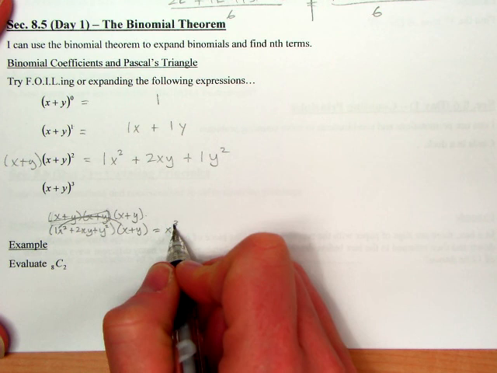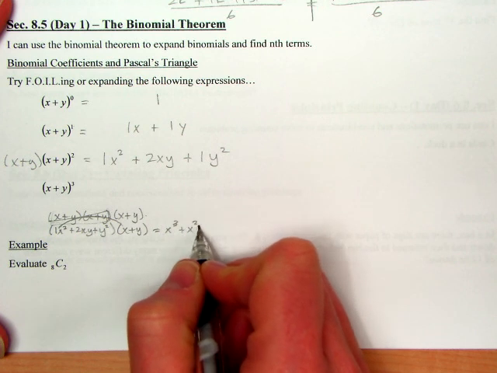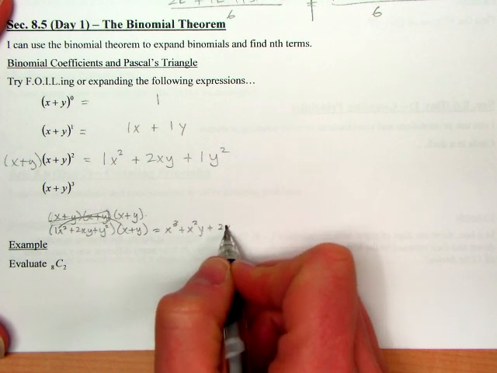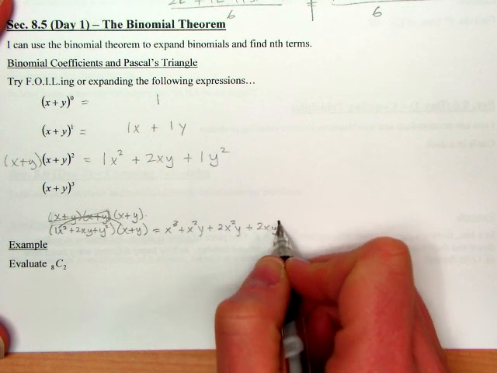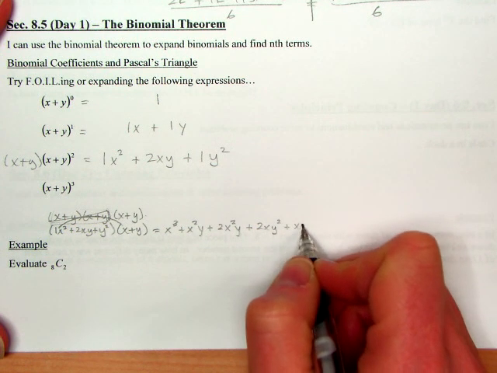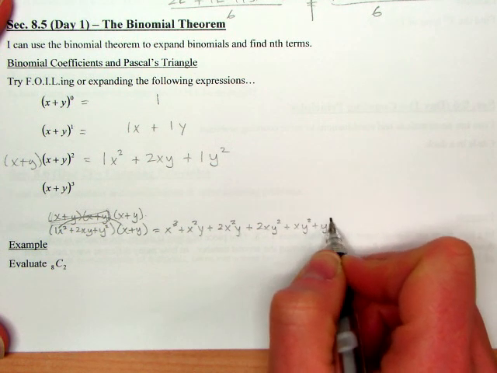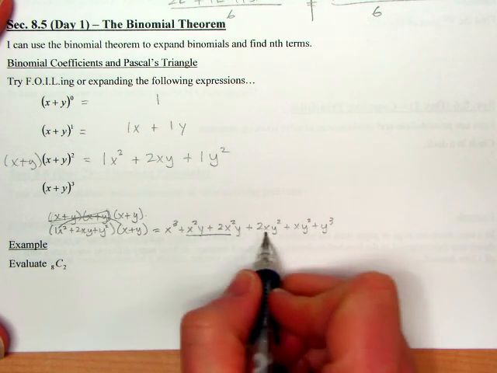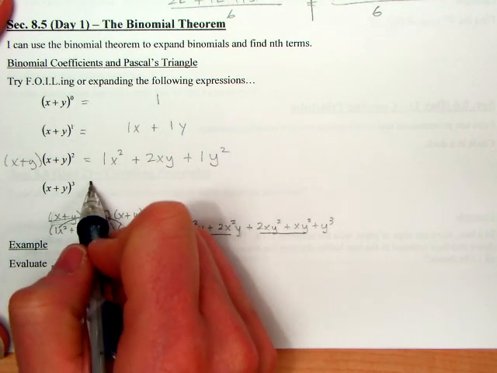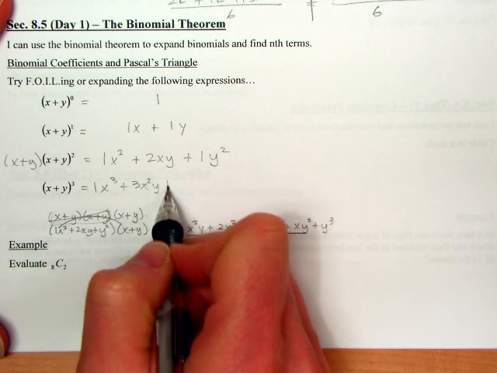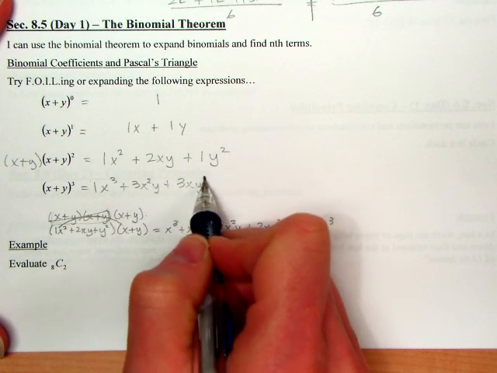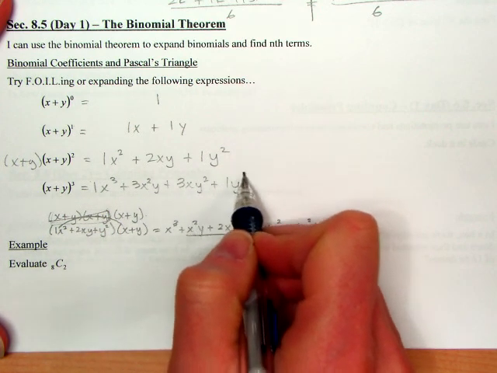So I have an x cubed, then an x squared y, then a 2x squared y, then a 2xy squared, and then an xy squared, and then a y cubed. So combining these like terms, I end up with an x cubed, 3x squared y, 3xy squared, and 1y cubed.